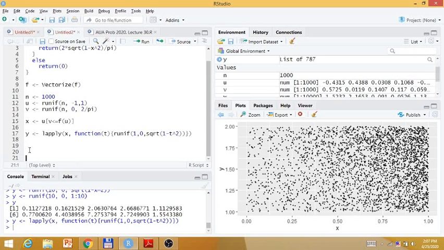I can plot those points to see if everything is correct. So I will do that in ggplot.